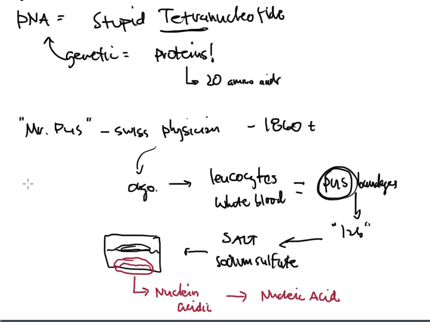Well, his name was Friedrich Miescher. And he is going to be given credit in the very beginning stages of nucleic acid and the studies that are going to happen afterward. All right, so this is the late 1860s.